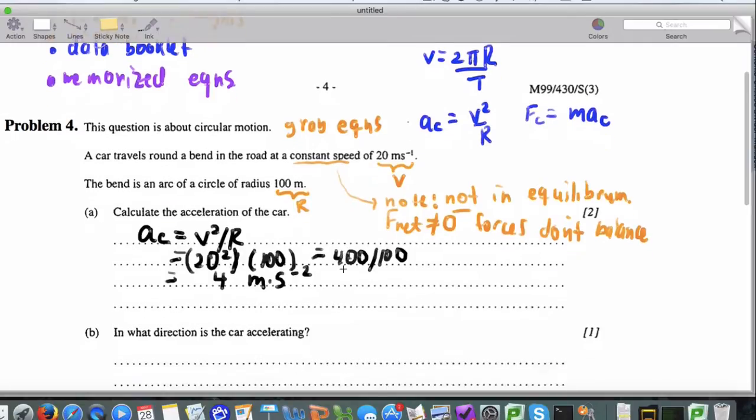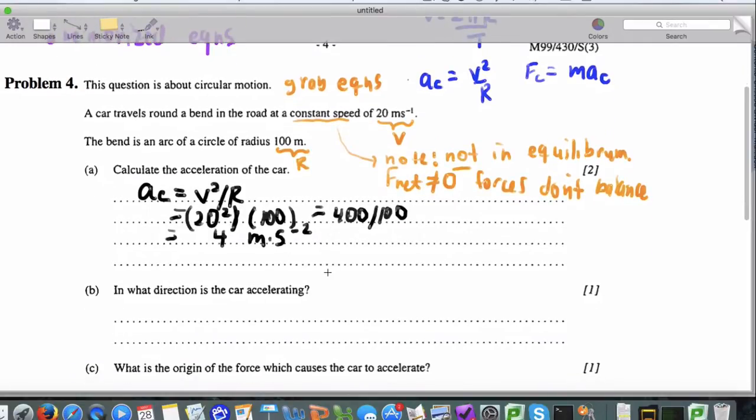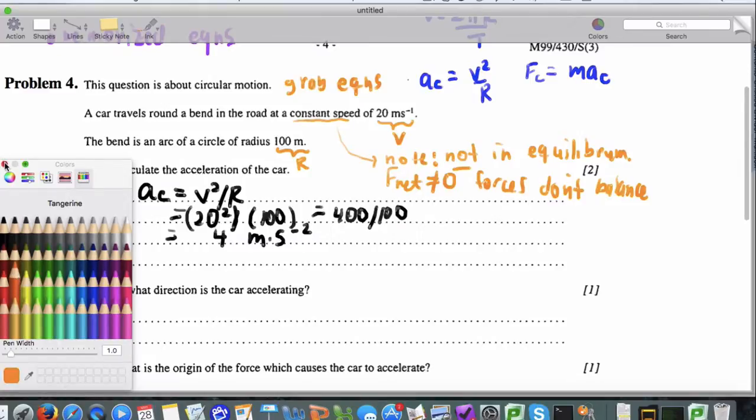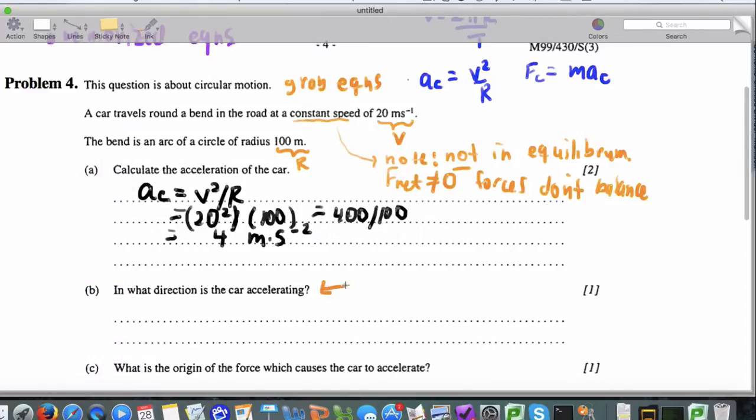Now, then they ask the direction of the acceleration. This is the most common question. Whenever I see this, this is just such a common question.